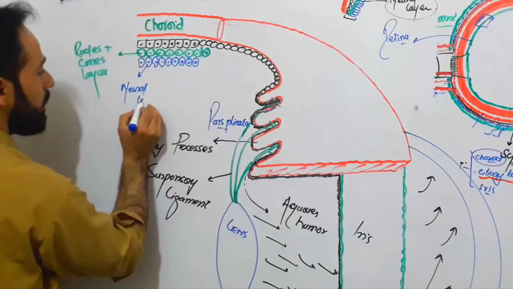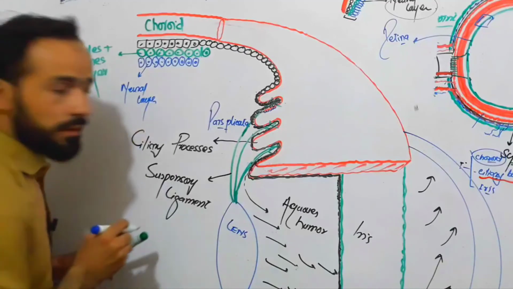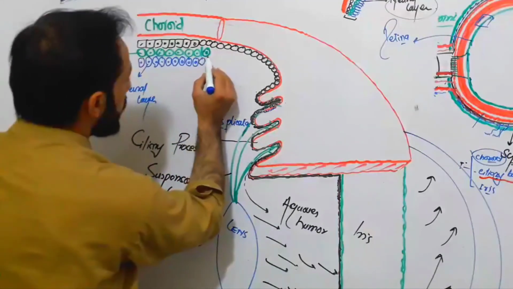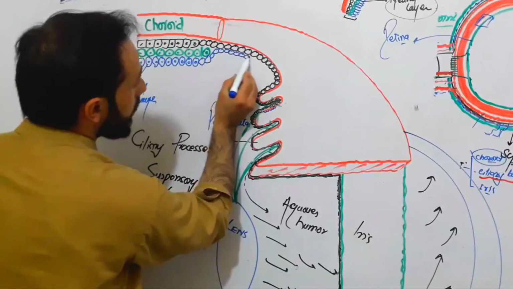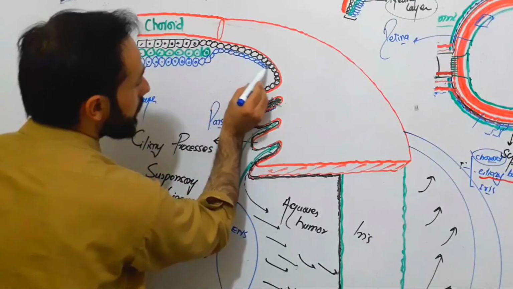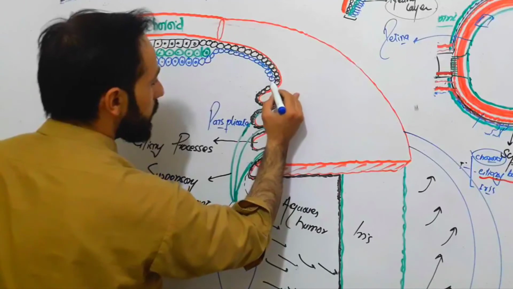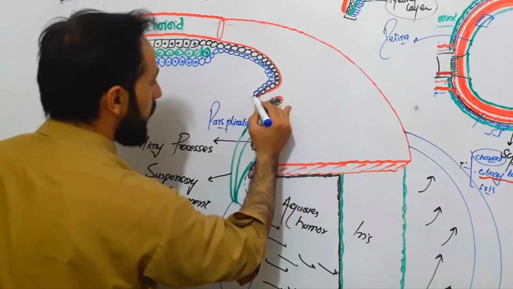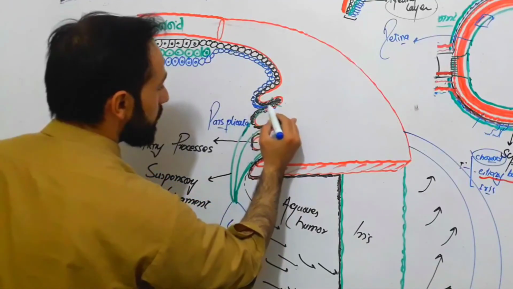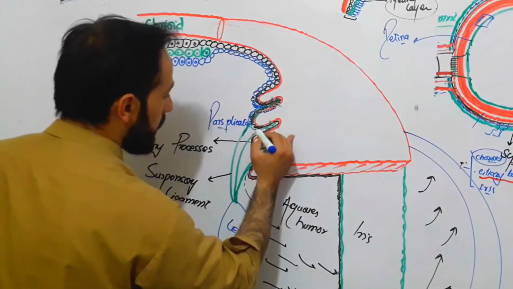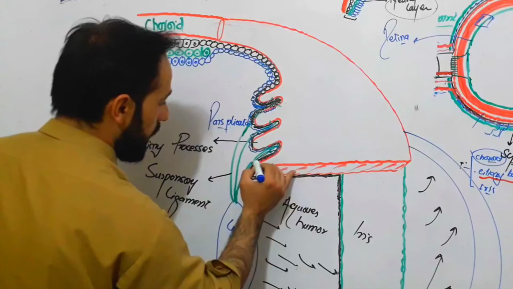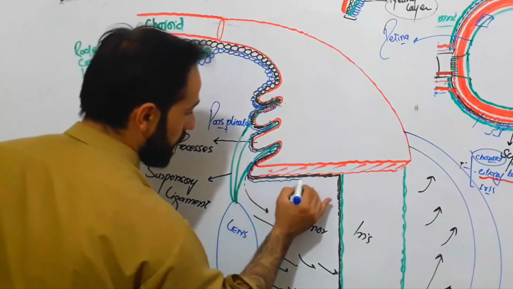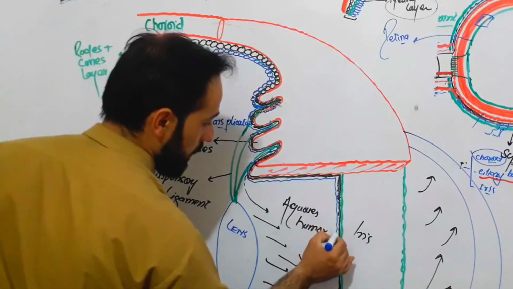So this neural layer will continue further forward along with the retinal pigment epithelium. So this is the neural layer of the pars plana, then towards the pars plicata, and like this it will go further forward, and like this it will be on the posterior side.